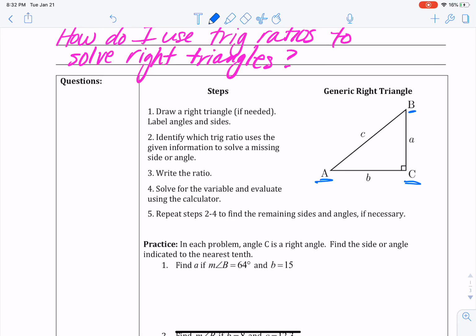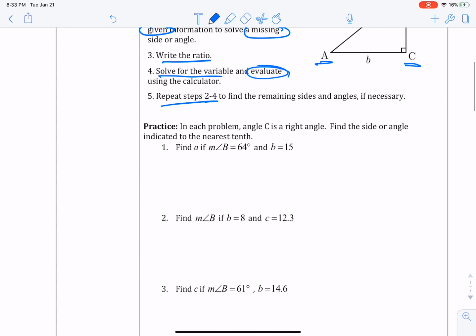Identify which trig ratio with the given information and what's missing. Write the ratio. And then solve for the variable and evaluate using a calculator. If we have to, repeat steps 2 through 4 just because sometimes we might need more than one piece of information from the triangle.